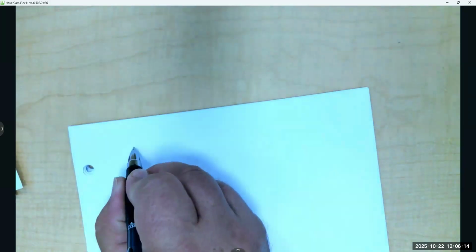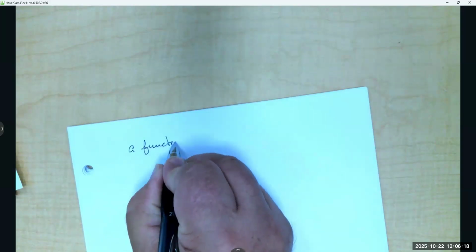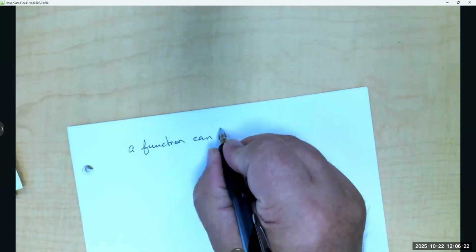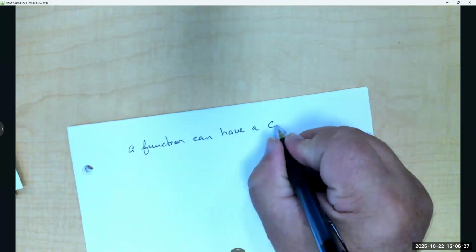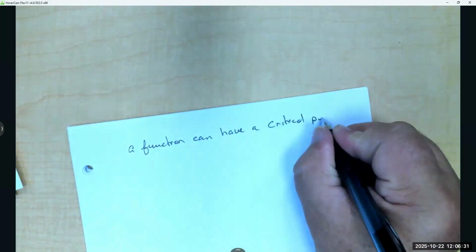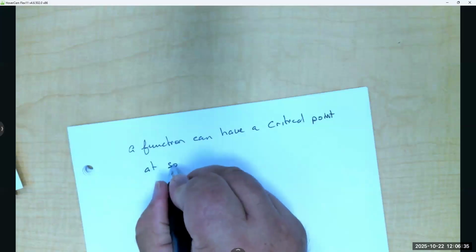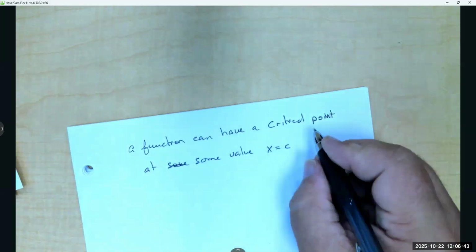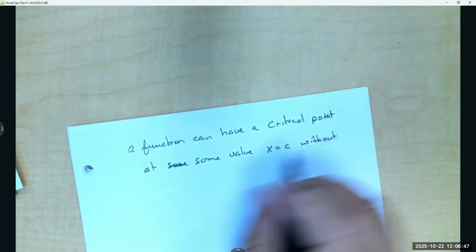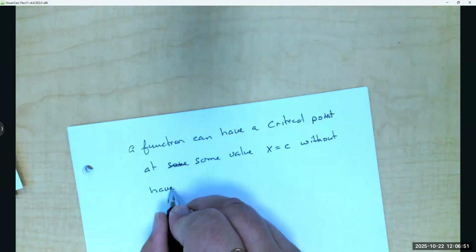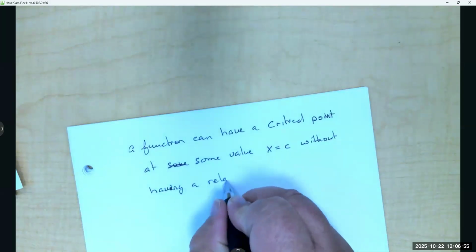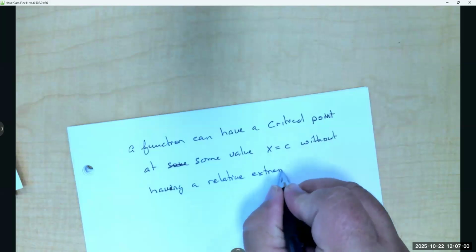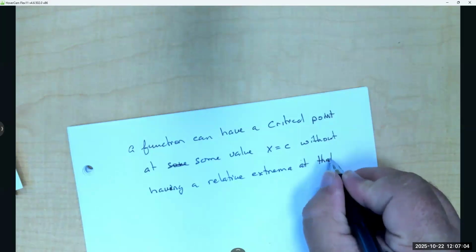Ooh, here's a question. A statement. A function can have a critical point at some value c without having a relative extrema at that point.